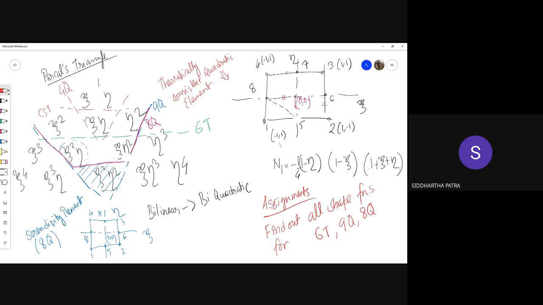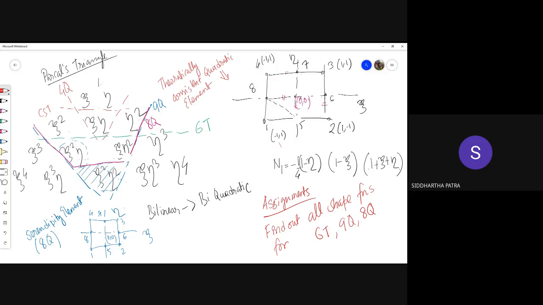Now I need to discuss one more thing about the serendipity element. You see, we are talking about the quadratic quadrilateral element, in which we have seen both 9-noded and 8-noded quadrilateral elements. Why am I calling this quadratic?